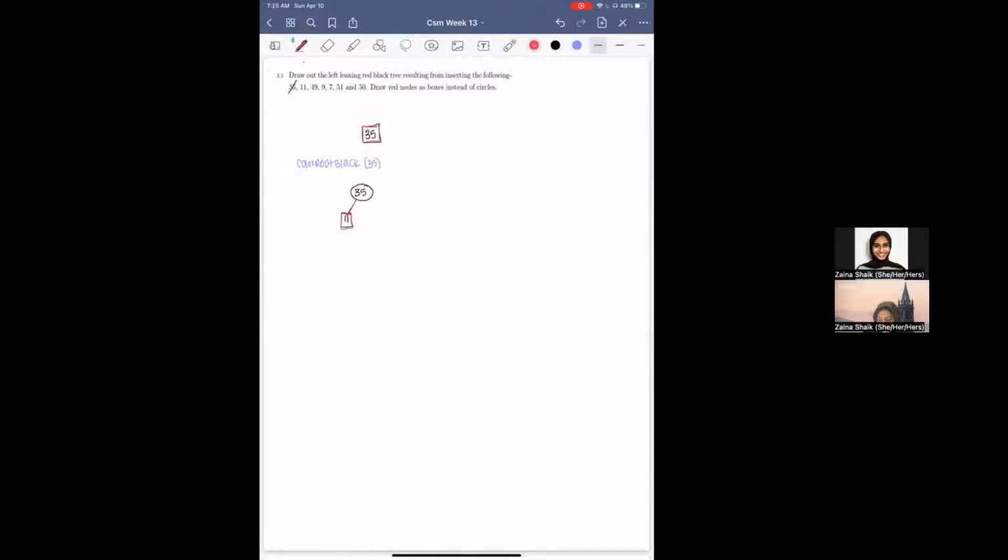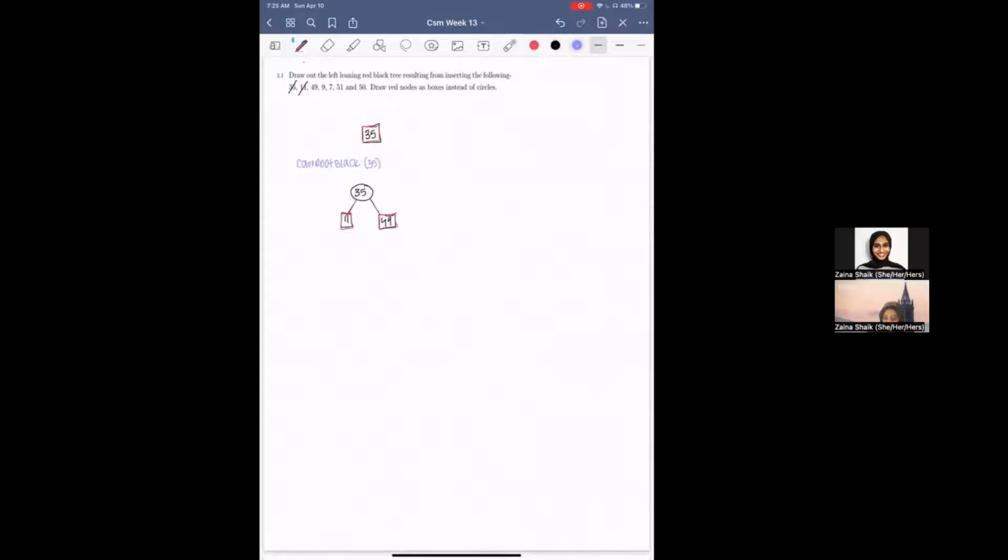Okay, we still satisfy the properties of the LLRB. So now we want to insert 49. Okay, and now we have a right-leaning red node, and also a node where two children are red.